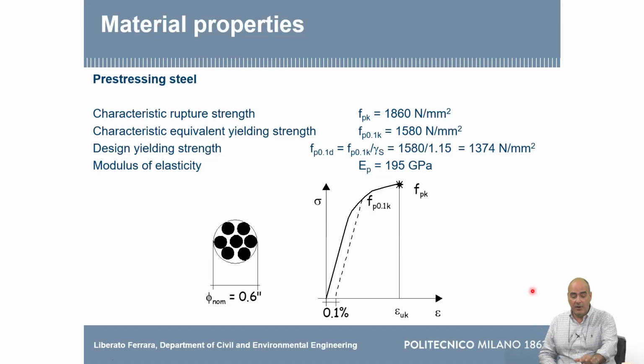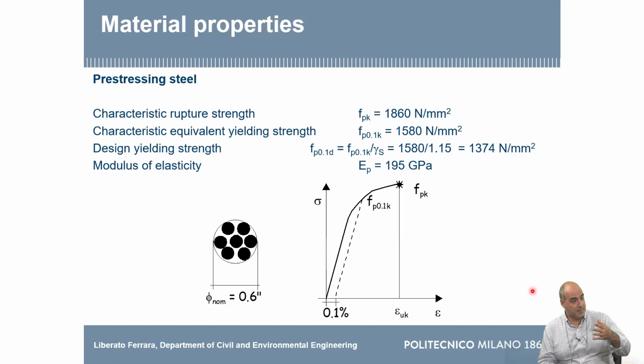You see that the rupture strength is around 1800, 1900 Newton per square millimeter, because it's produced with some thermal treatments. Regular steel for reinforced concrete has a rupture strength, not yielding, rupture, of 600, 700 maximum. And carpentry steel, the rupture is 500, something like that. Maximum, generally, we have 400 or 300.